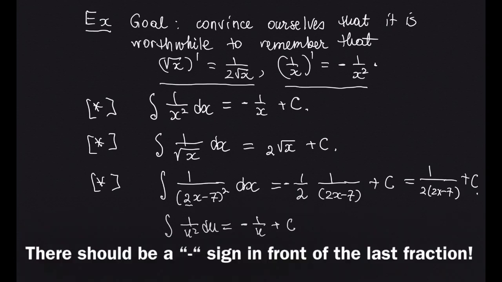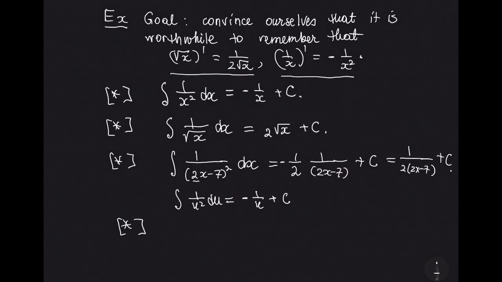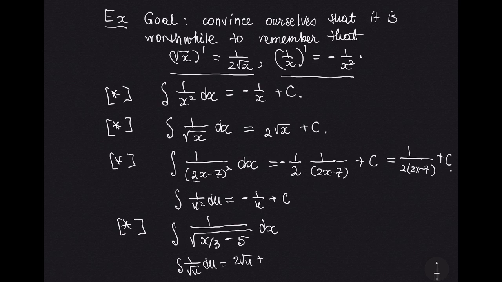All right, so now the next example is going to be the integral of 1 over square root of (x over 3 minus 5) dx. Again, if we had the integral of 1 over square root of u, that would have been 2 square root of u plus a constant, right? Just from the example we have just looked at.